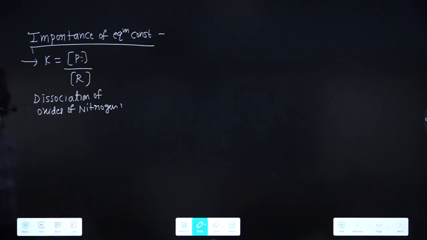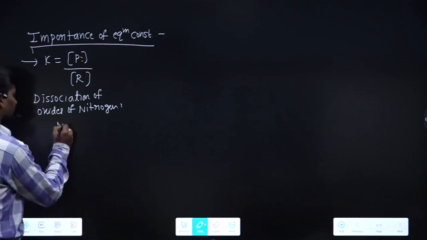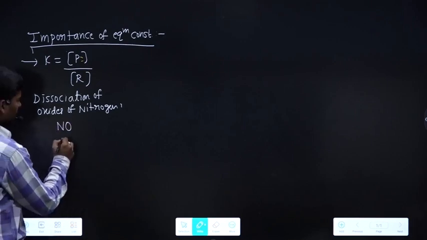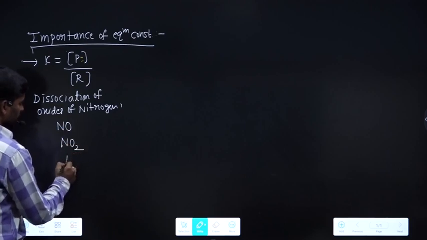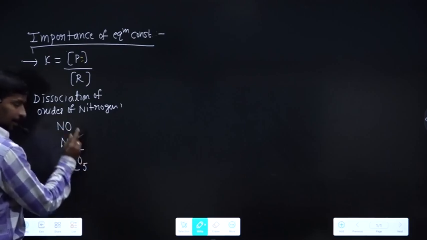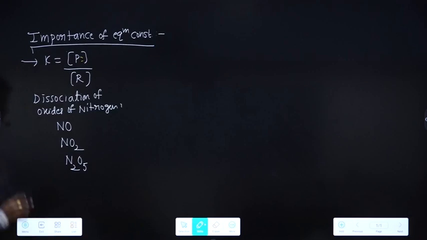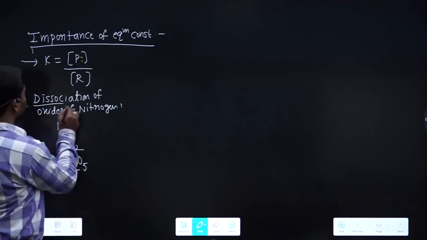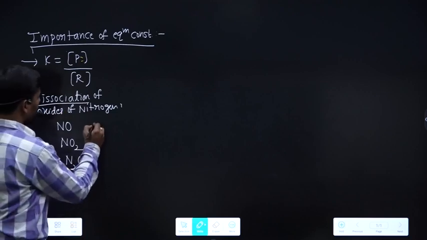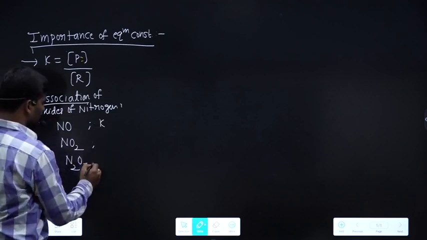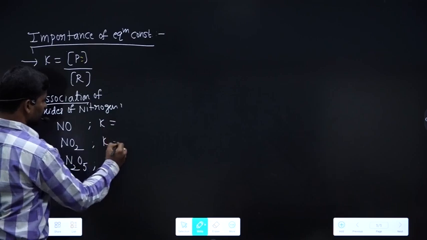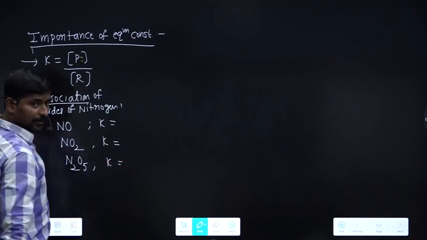The nitrogen oxides I am taking are NO, NO2, N2O5. We are considering dissociation, and the equilibrium constant values are like this.